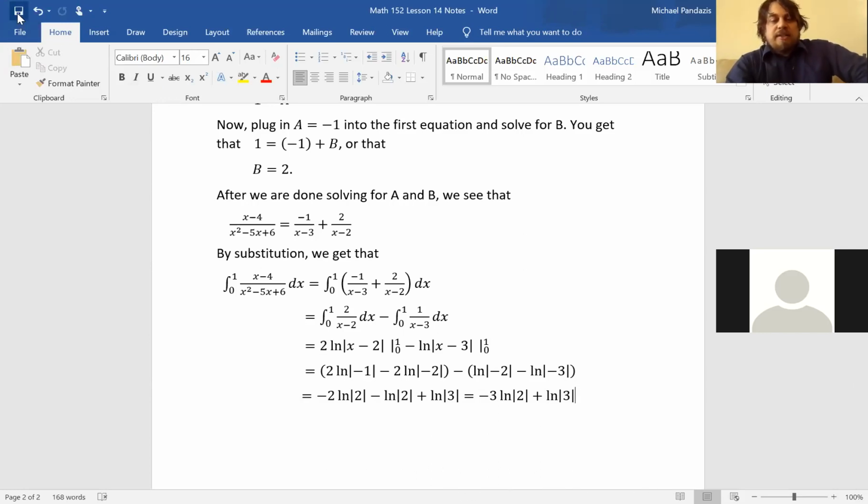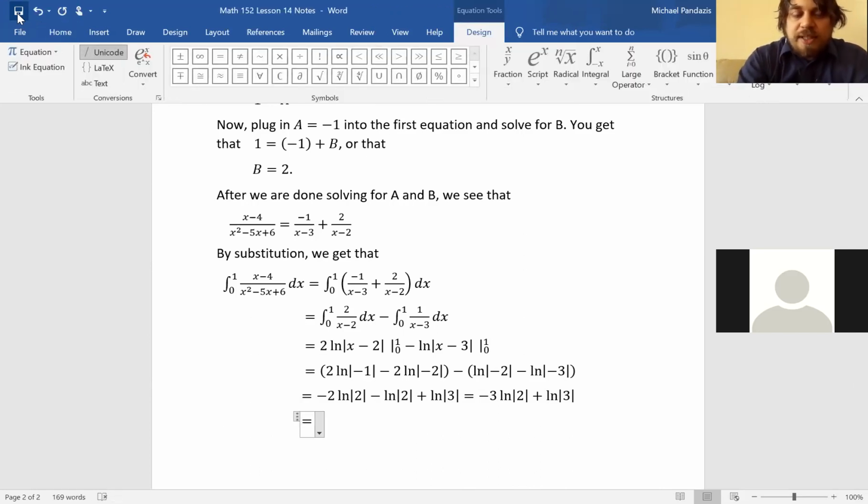Okay, you could simplify. Yeah, you can simplify that. You don't have to, but you can simplify that. You could say that this is equal to ln of the absolute value of 2 raised to the negative 3 power by the third law of logarithms. You can move this as an exponent here. And this is plus ln of the absolute value of 3.